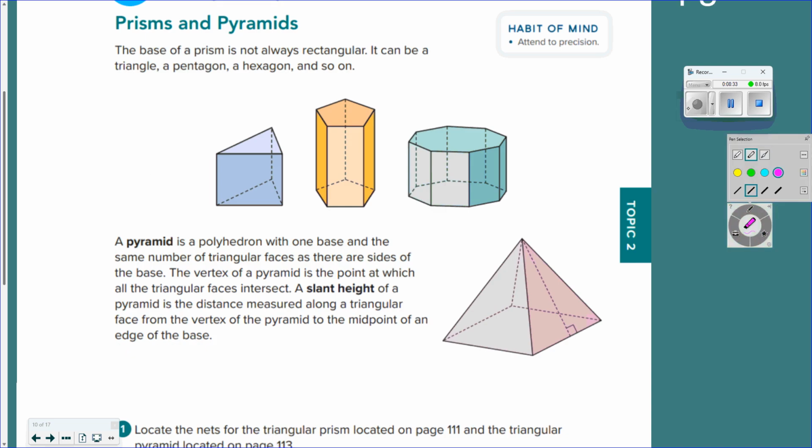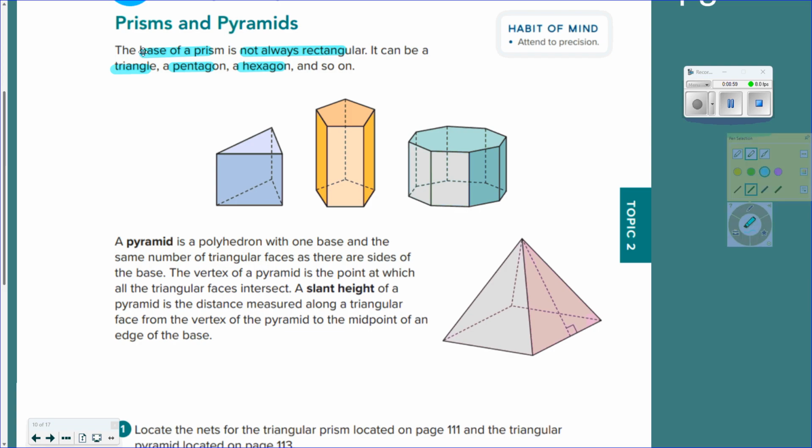One. The third part, the base of a prism is null. You can have a triangle, a pentagon, a hexagon, literally any shape could form the base. But regardless of what the base is, what do I know about the sides of a prism? DJ? Good. The sides will always be rectangles.